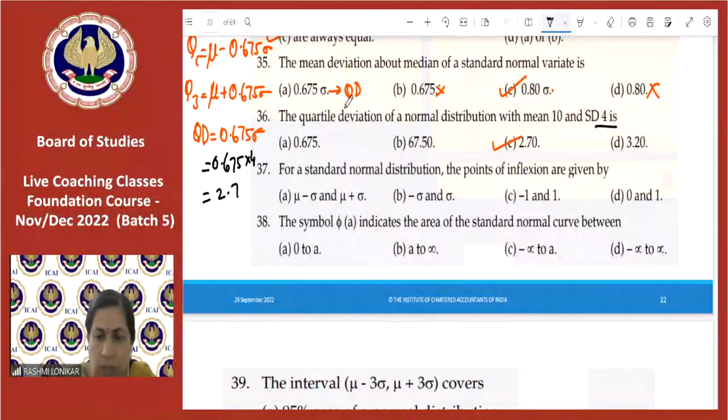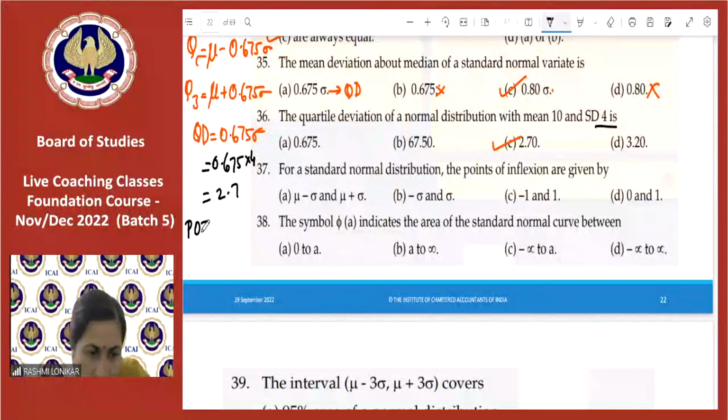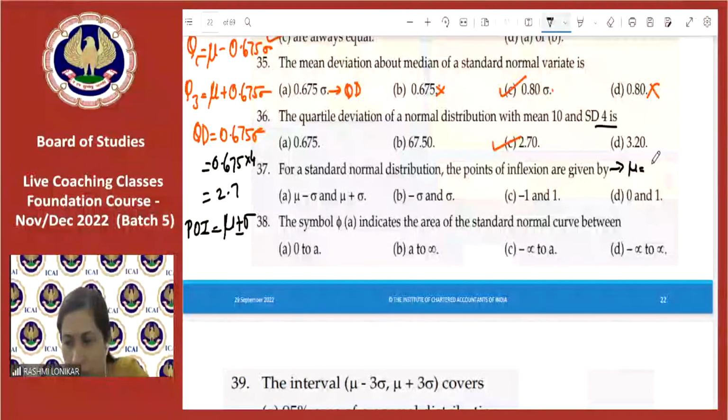Then 37. For a standard normal distribution, the points of inflection are given by... What are the points of inflection? This is equal to mu plus or minus sigma. Now for a standard normal distribution, what is the value of mu? It is 0.